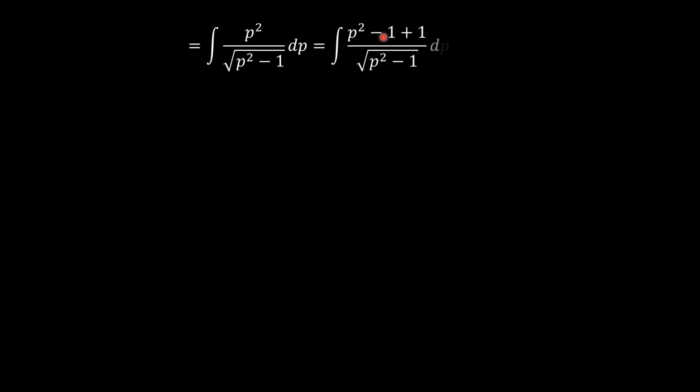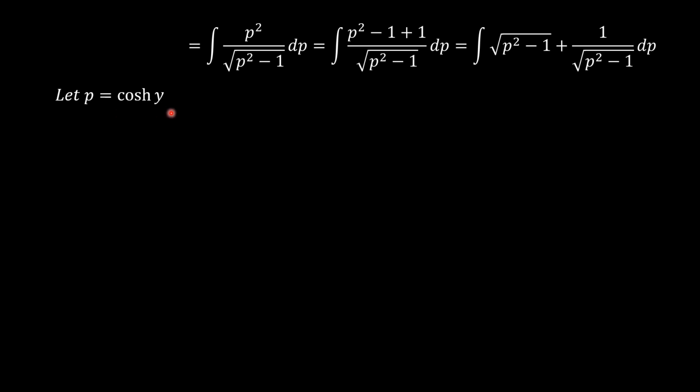So having this as our integral, we can rearrange it a little bit so that it's easy. So this is the same as p squared minus 1 plus 1. And so p squared minus 1 divided by square root of p squared minus 1 is the same as square root of p squared minus 1, and then we have 1 over square root of p squared minus 1, so that when we say let p be equal to the hyperbolic cosine, that would be easier.